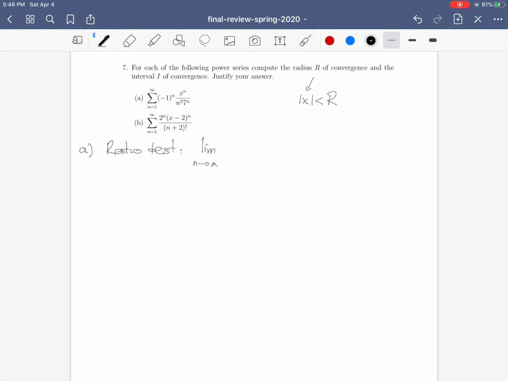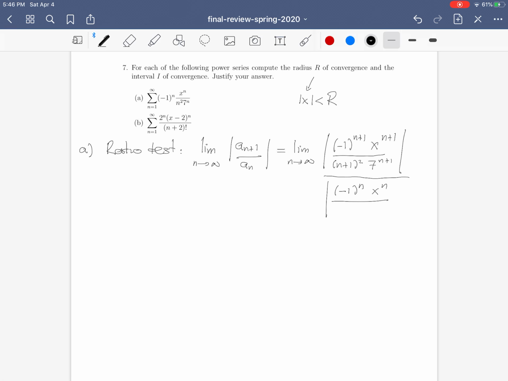So again, we look at the limit of the absolute value of a_{n+1} divided by a_n. So this is the limit as n tends to infinity of the absolute value of (-1)^{n+1} times x^{n+1} divided by (n+1)^2 times 7^{n+1}, all divided by (-1)^n times x^n divided by n^2 times 7^n.